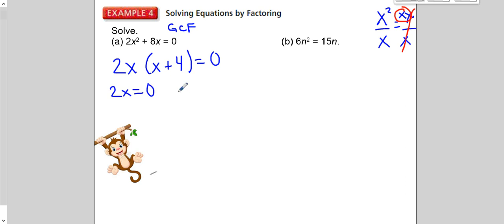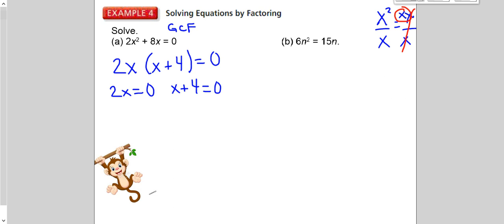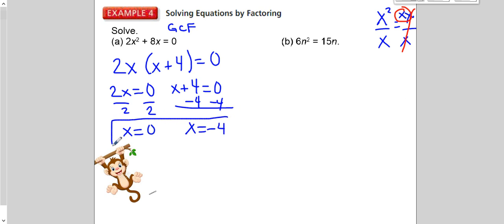Write down each one of the factors equal to 0 and solve for x. Undo multiplication with division. Undo addition with subtraction. And there's our 2 answers for this one.